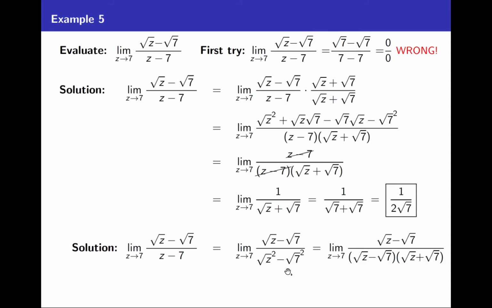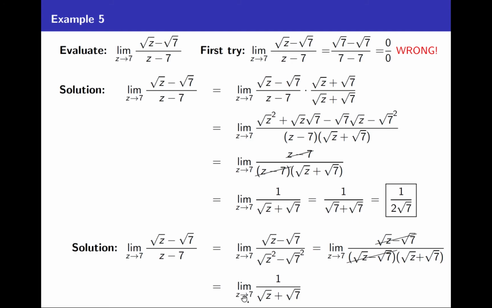So now if we factor the denominator as a difference of two squares, it's the square root of z minus the square root of 7 times the square root of z plus the square root of 7. And these two terms cancel and simply give us the limit as z approaches 7 of 1 over square root of z plus the square root of 7.